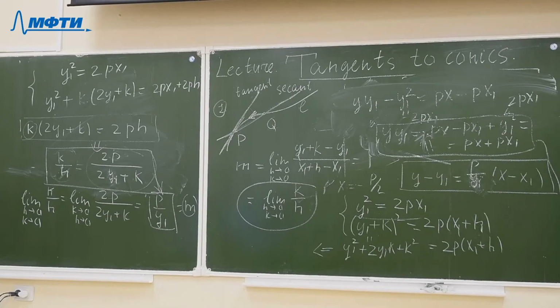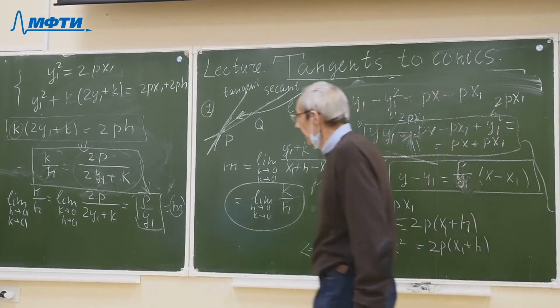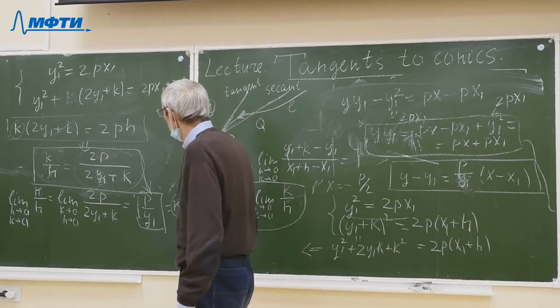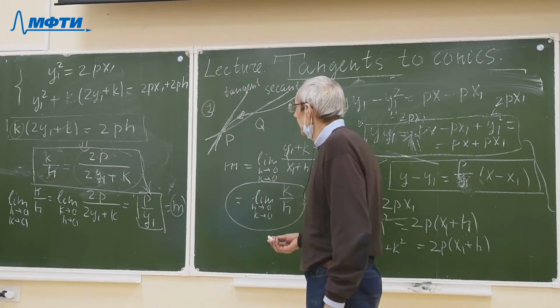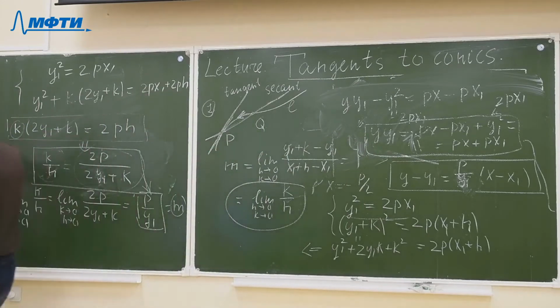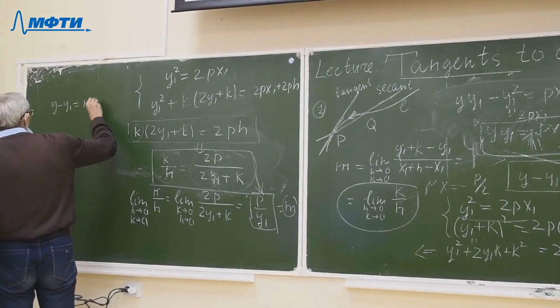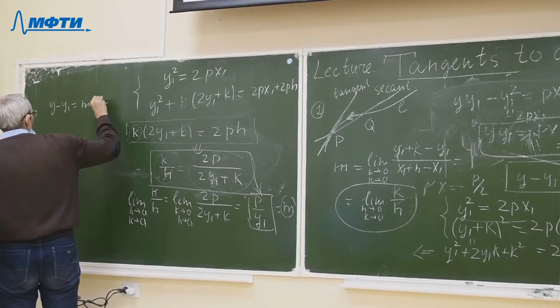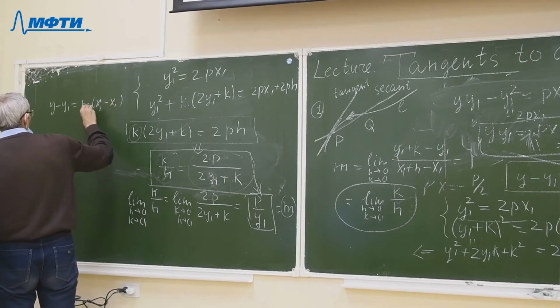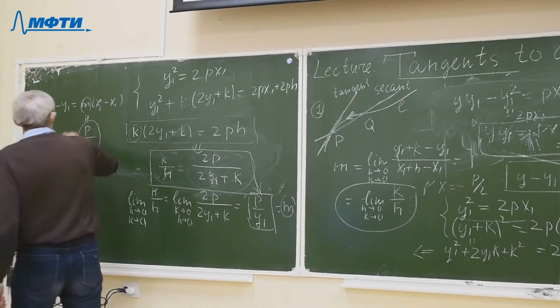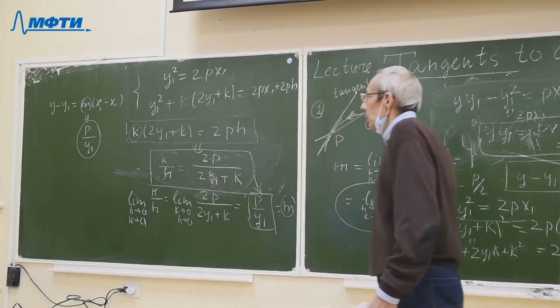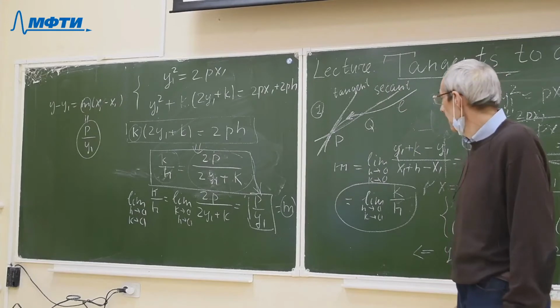The slope m is equal to the ratio p to y1.